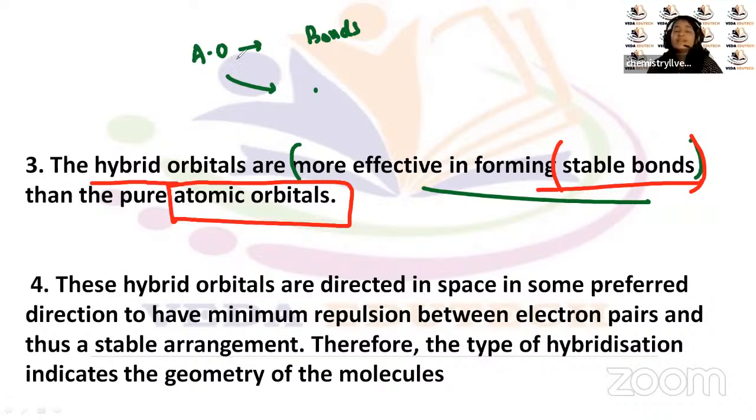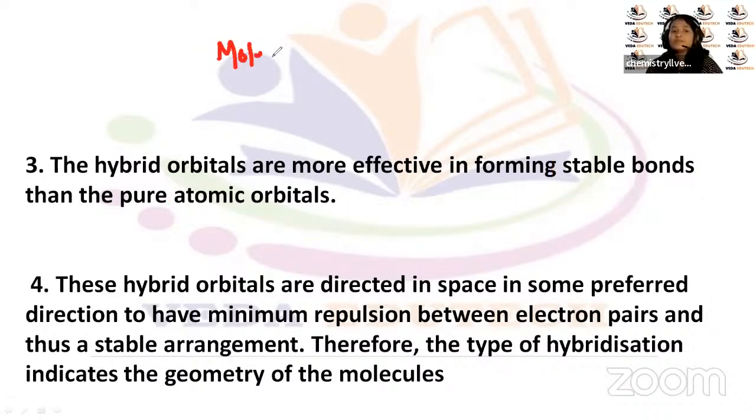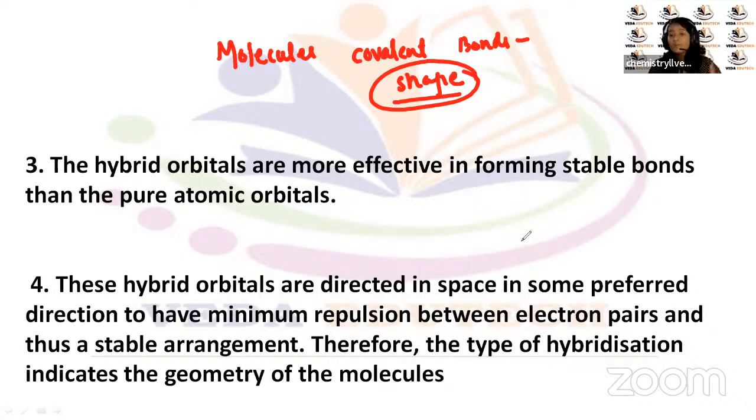Then we know that the molecules that have covalent bonds have some shape. The orbitals are arranged or oriented in a certain direction in space. Why are they oriented in a certain direction?